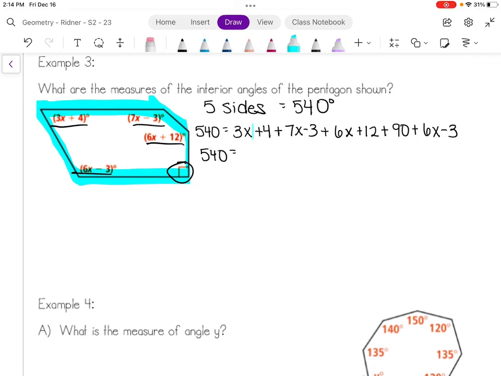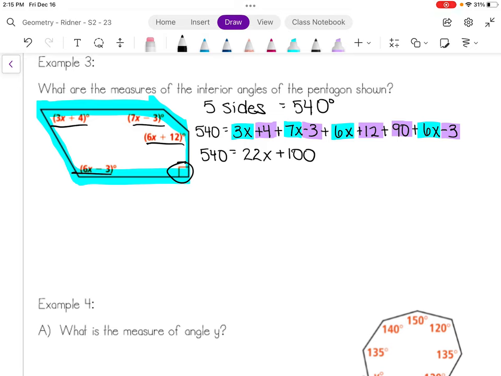So all of our x's, 3x plus 7x plus 6x plus 6x is 22x. Okay, let's group all our numbers together. 4 minus 3 plus 12 plus 90 minus 3 is 100. You can take my word on it, or you can type it in your calculator. Make sure you get the same thing.